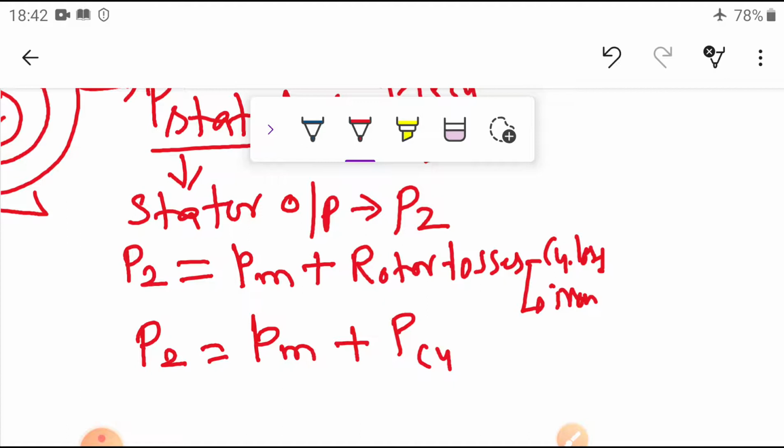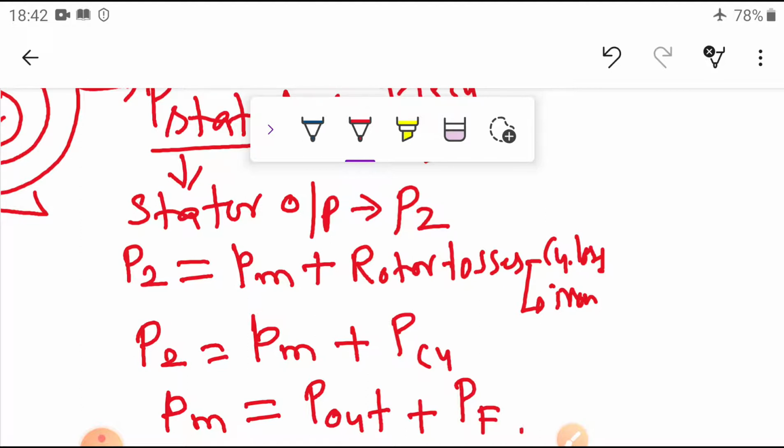Now from this PM, the total mechanical energy developed in the rotor of the motor, is given to P output, the power available at the shaft, plus some power wasted in friction and windage losses.